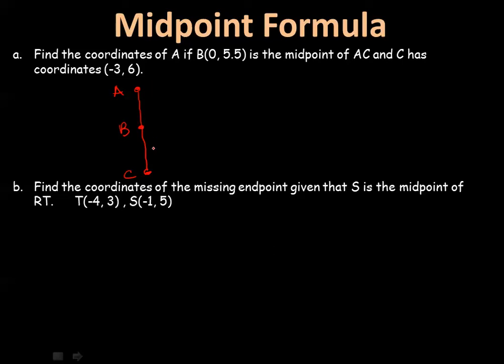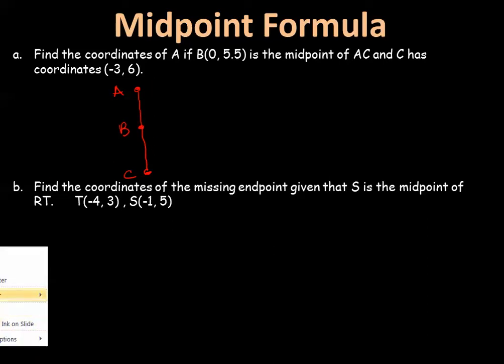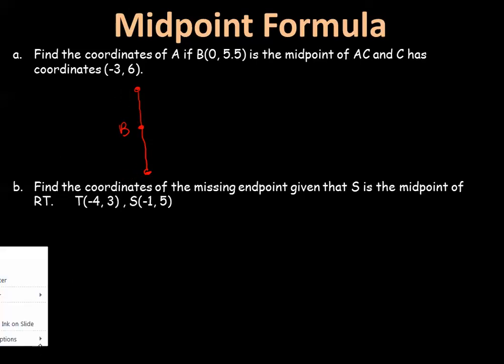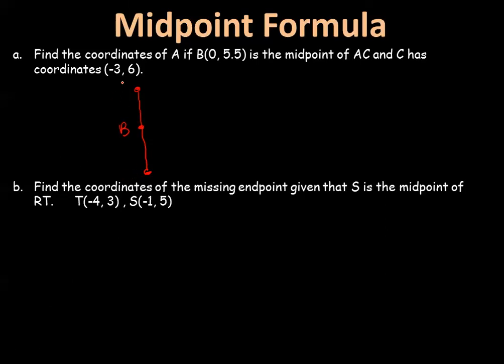And it says the coordinates of C, oh, I'm going to do this the other direction. I like to work down. So I'm going to call this C, I'm going to call this A because I'm finding A. They tell me B is 0 and 5.5. They tell me C is -3 and 6.